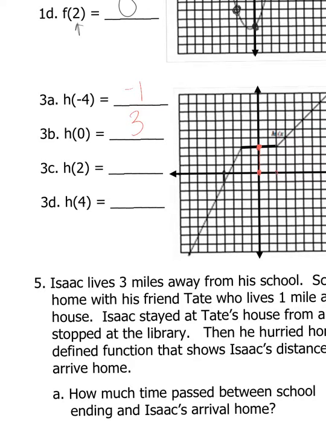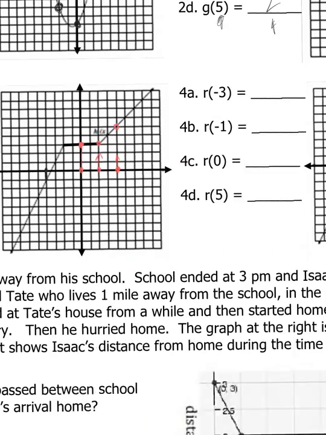H of 2, I'm right here, which means I need to go up 3 again to get to my graph. If my x is at 4, I'm here, so that means I need to go up 1, 2, 3, 4, 5 spots to get to my graph. So my y value is 5. I input 4, I output 5.